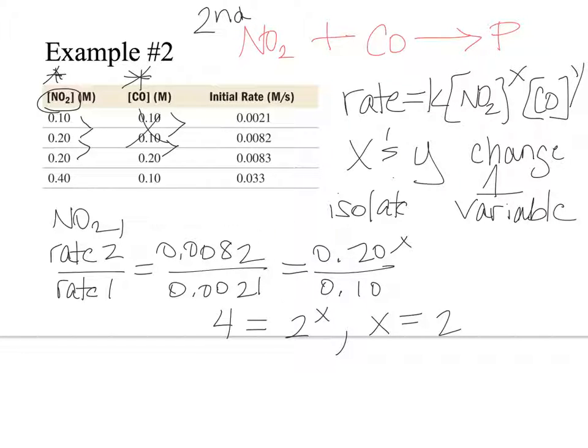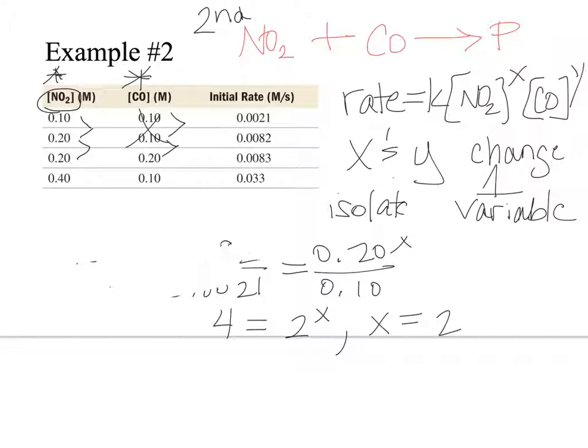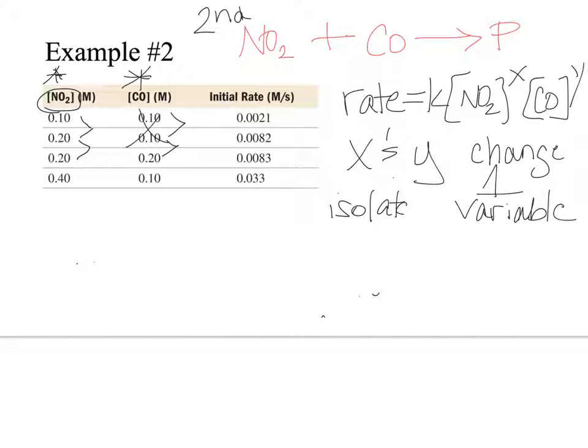Okay, I've got to go through the calculations now for carbon monoxide. Do the same thing. We're going to isolate and compare rate 3 to rate 2. Because in that case, the nitrogen dioxide is staying the same and carbon monoxide is doubling.